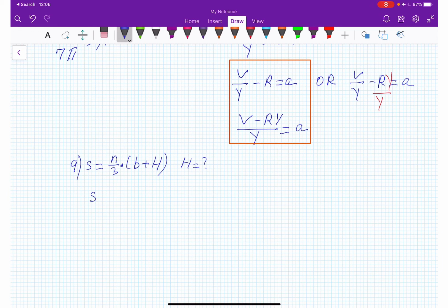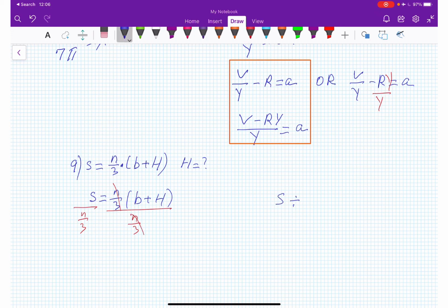So let's do it. S is equal to n over 3 times b plus h. So let's divide by n over 3. This n over 3 is gone with this n over 3. Now let's divide.